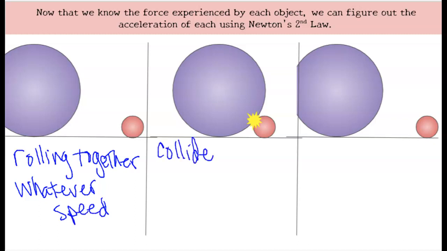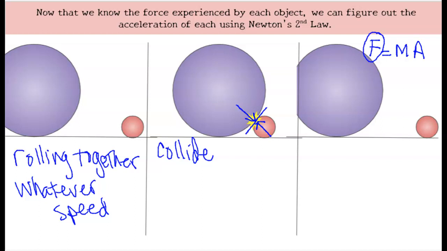So what we've just been saying is that at that point of collision, the forces are equal and opposite. So now we know the force exerted on each object. So going back to Newton's second law, force equals mass times acceleration, we now know the force that is acting on each object as they move away from each other.